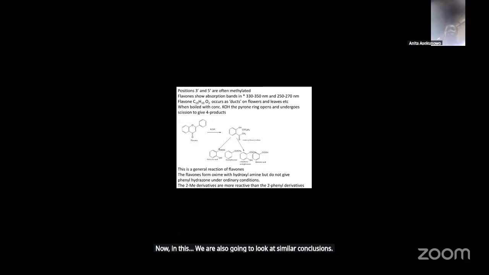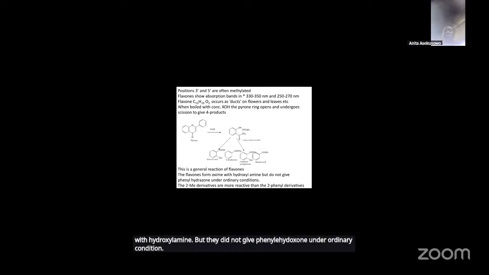The flavone forms an oxime with hydroxylamine, but does not give phenylhydrazone under ordinary conditions. These are the reactions of aldehydes and ketones when they react with hydroxylamine to form oximes, and with phenylhydrazine to form phenylhydrazones. So we're still going to look at that using chromone and flavone.